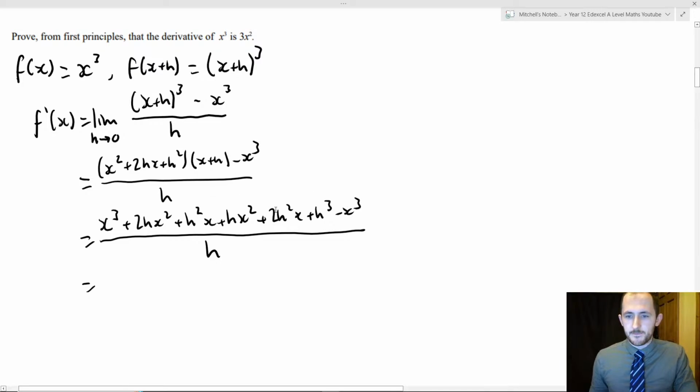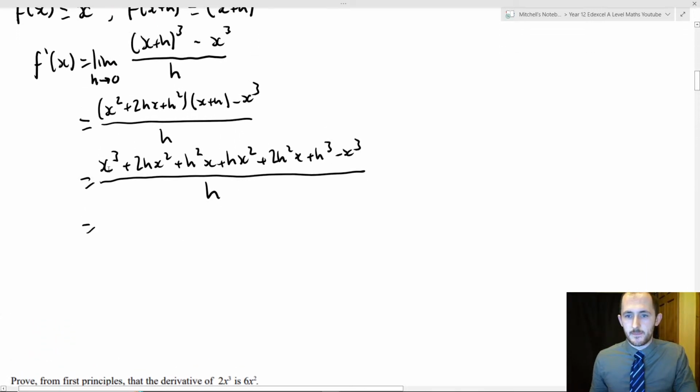So we have a lot here. So what we're going to do is nice and quickly cancel this down. So x cubed cancels with the x cubed. Now how much 2hx squared do we have? Well, we have 2hx squared. We also have another hx squared. So that gives me 3hx squared. So that covers that and that. Then we have 3h squared x.